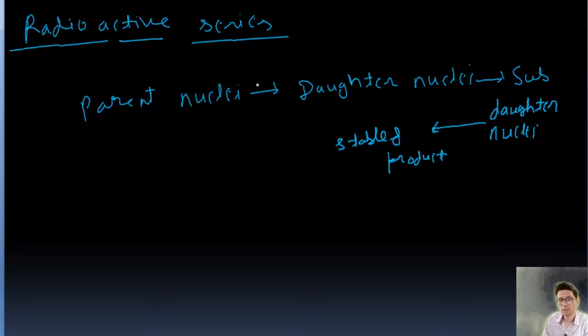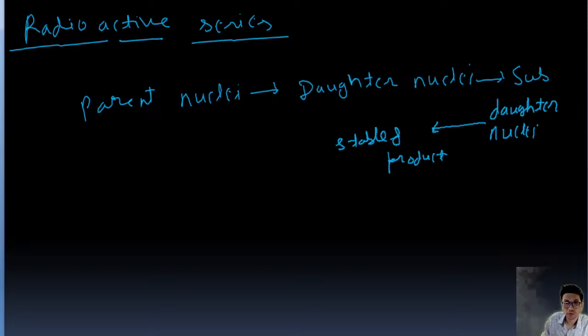So this is called a radioactive series, guys. The parent nuclei will form daughter nuclei, and daughter nuclei will form sub daughter nuclei, and then the stable product. This chain will continue.